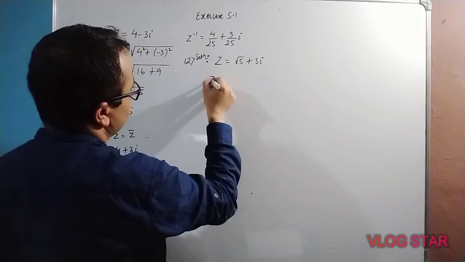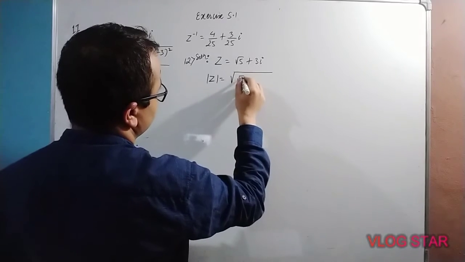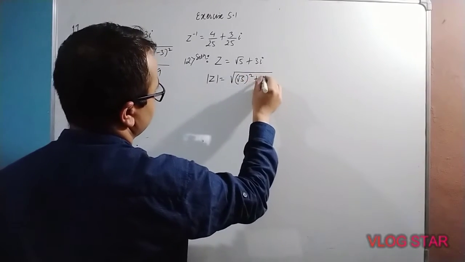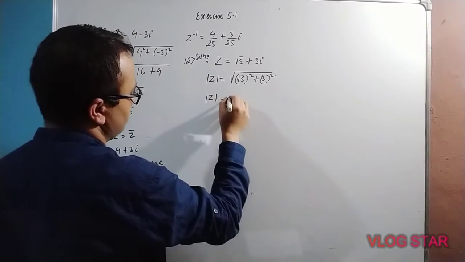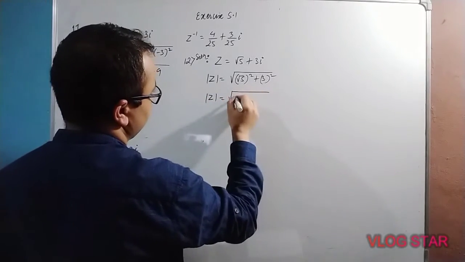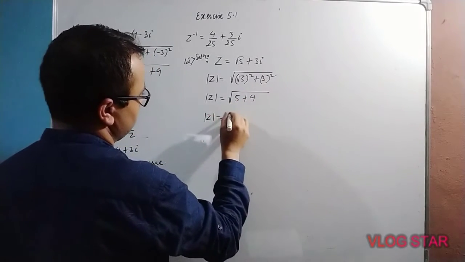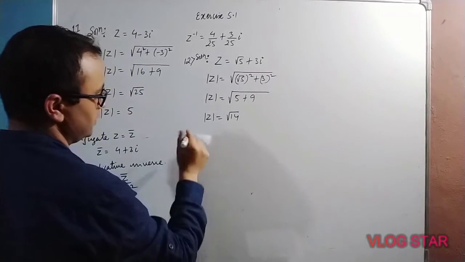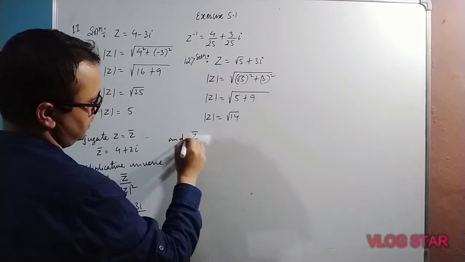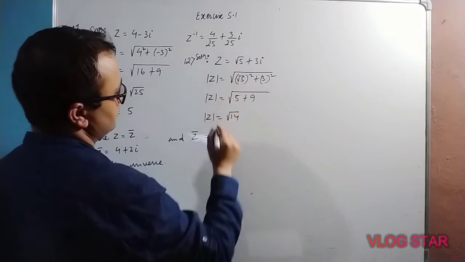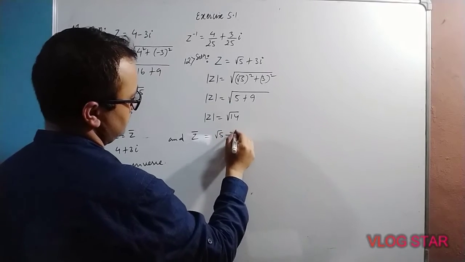First calculate the modulus: root under 5 square plus 3 square. |z| equals root under 5 plus 9, so |z| equals root 14. Now calculate the conjugate. z bar equals root 5 minus 3i.